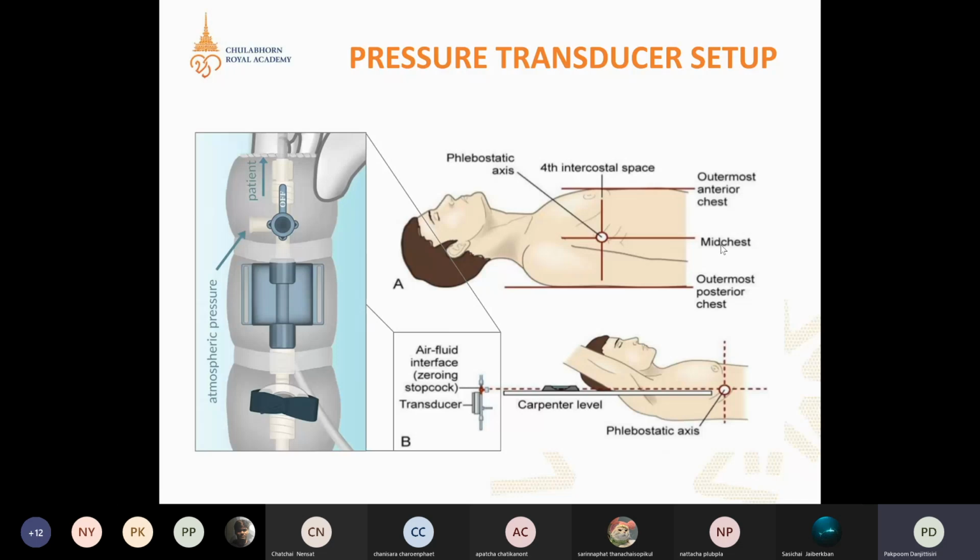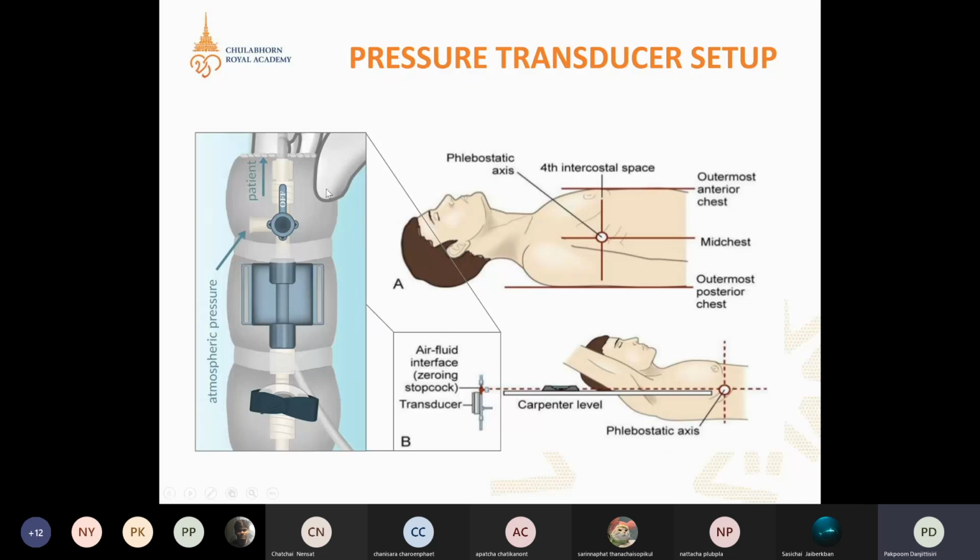But actually, if you're not sure where the mid chest is on the patient's body, you just find the anterior axillary line, and that level you can label as the mid chest.